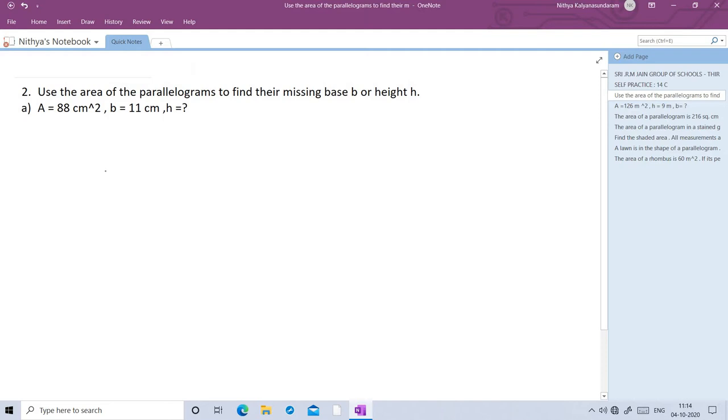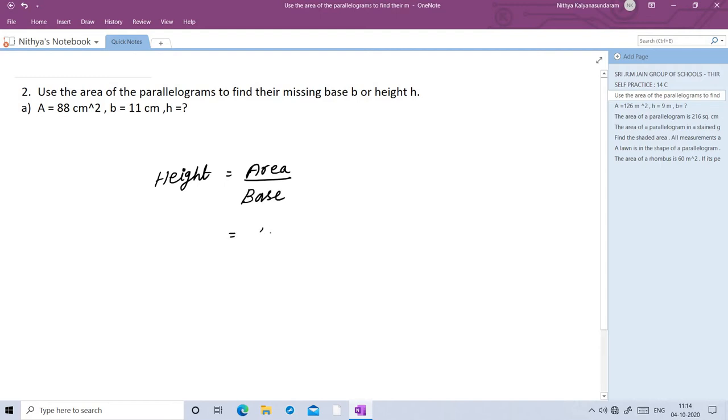Next question. Use the area of the parallelograms to find their missing base or height. Here, first question, area is 88 centimeter square, base is 11 centimeter, height is missing. So we want to find the height of the parallelogram. The formula is height equals area by base.